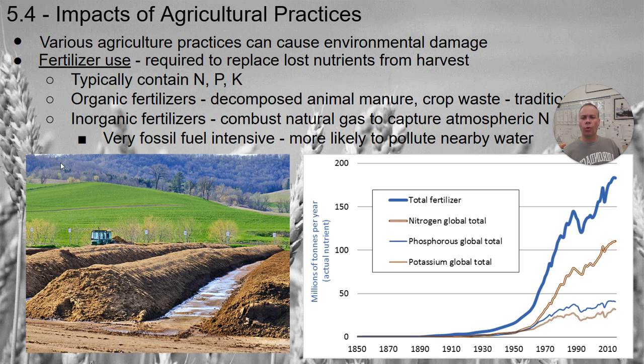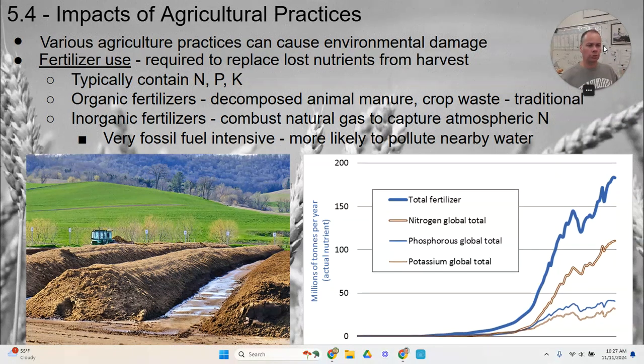But when humans started to learn how to develop synthetic fertilizers in the 20th century, these synthetic fertilizers are inorganic. They're not organic fertilizers like decomposed animal manure or crop waste. They contain, generally, three major nutrients: nitrogen, phosphorus, and potassium, NPK.